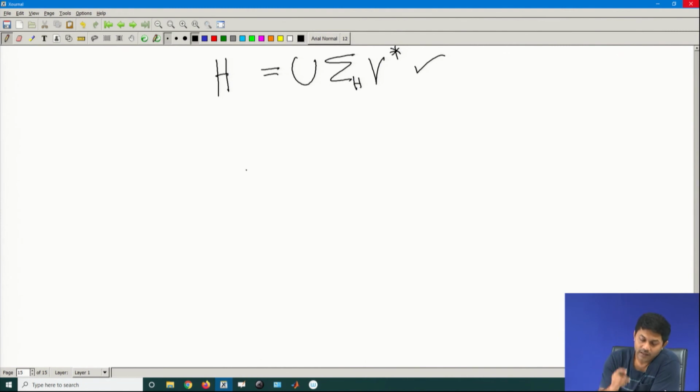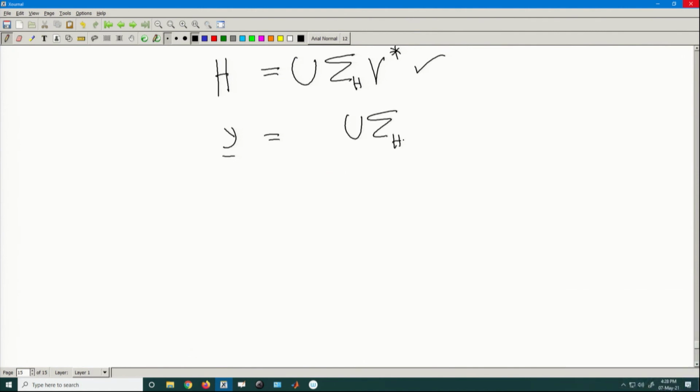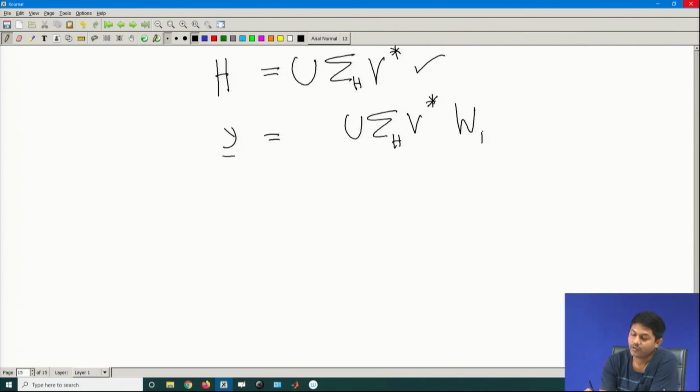Okay. Now, you come back to the data model. So, your y cap is equal to U sigma H V star, and this will be your WBBT. Okay. Now, you can guess what my WBBT should be.